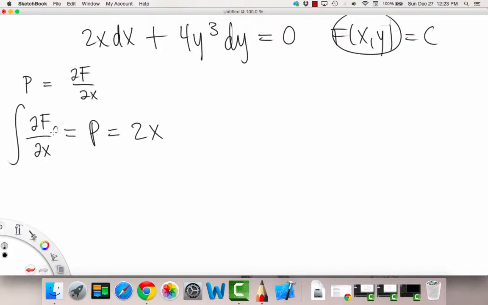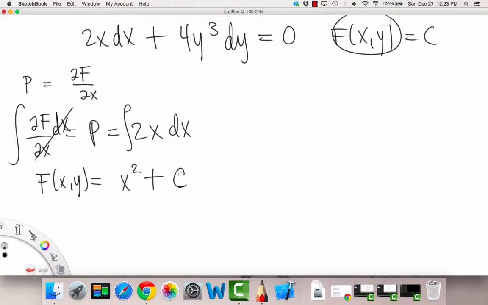So what we want to do is integrate with respect to x on both sides in order to find what's called a candidate function for f of x. When we do this, we get f of x and y is equal to x squared plus, instead of just a numerical constant c, an entire function, which I'll write as phi of y, a function of the variable y.